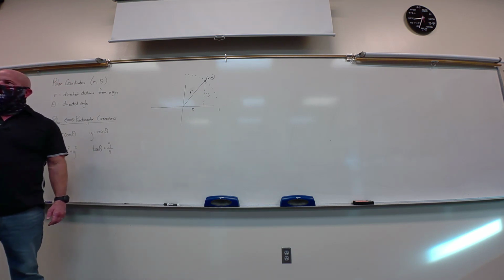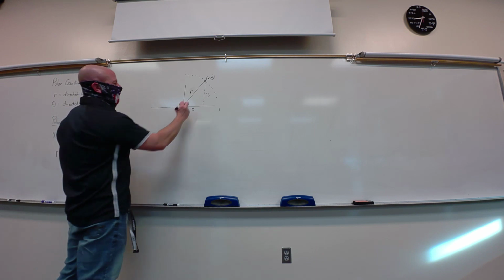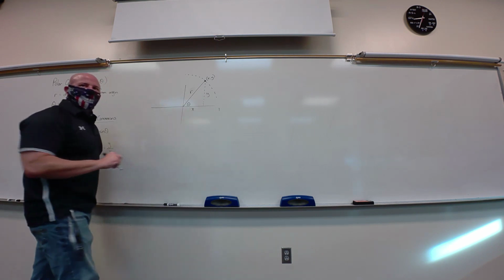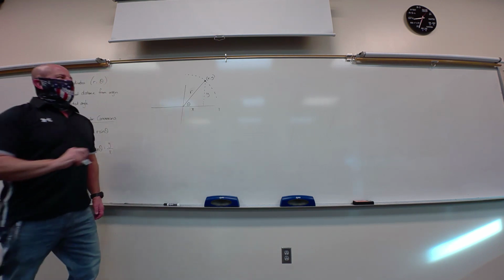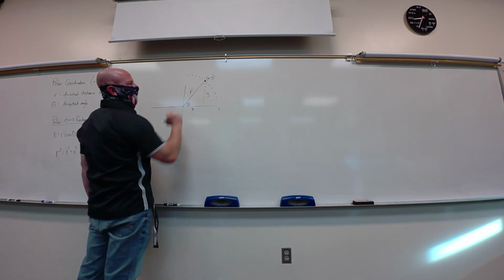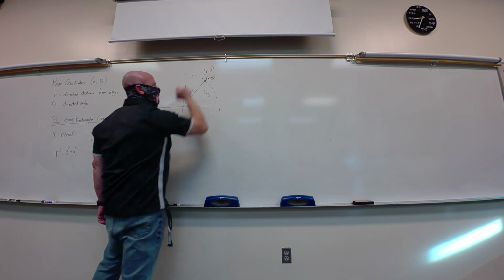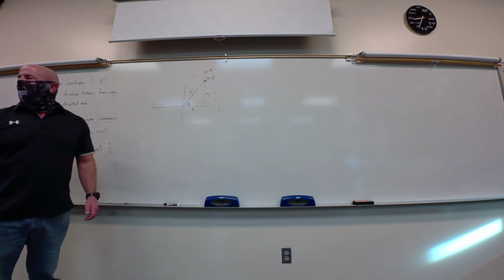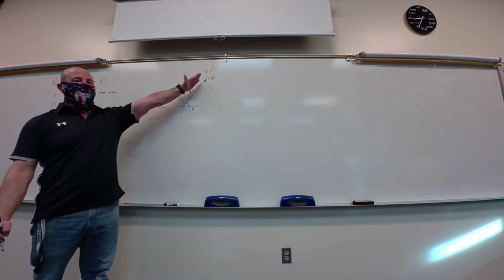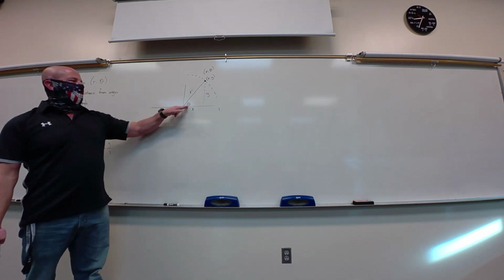Everybody okay there? This was your angle. So this would be the rectangular point XY, or the polar point R theta, using the distance, which is the hypotenuse, and then whatever angle you're at.